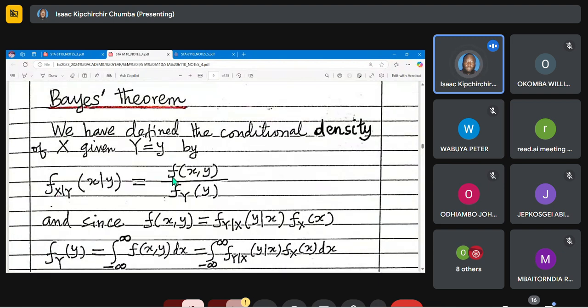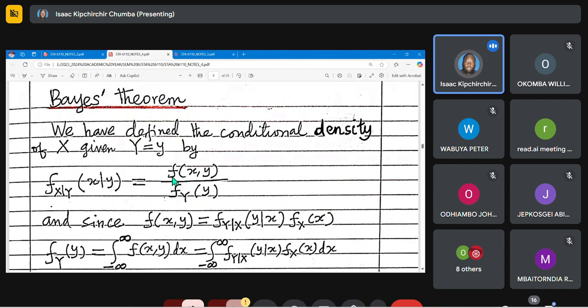When you have talked about the conditionals, what comes to mind is also the Bayes theorem. Remember, we discussed Bayes theorem in terms of events defined in the same sample space, but we can also define Bayes theorem in terms of random variables, or simply put, in terms of probability distributions.